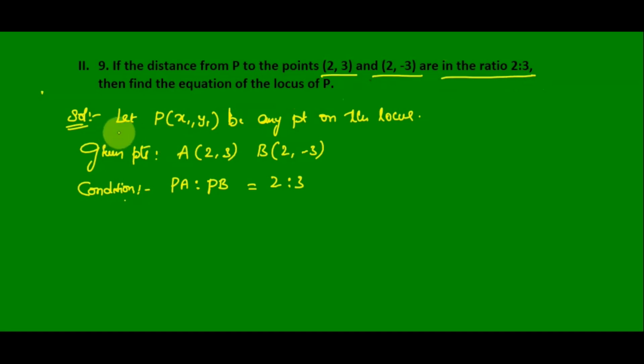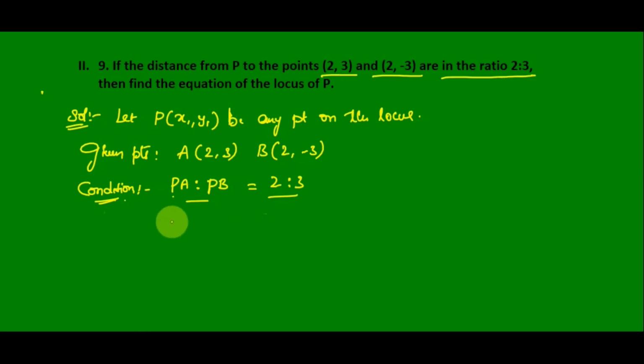The first step is, let P(x1, y1) be any point on the locus. Then the given points in the second step: A is (2, 3) and B is (2, -3). The important condition they gave is that the distances from P to A and P to B are in the ratio 2:3.